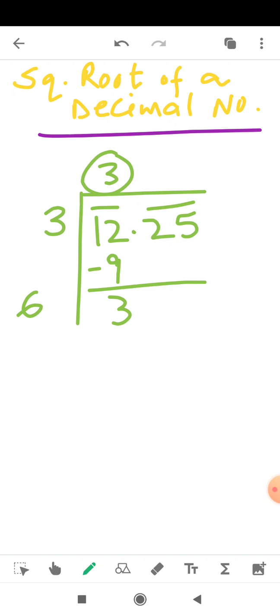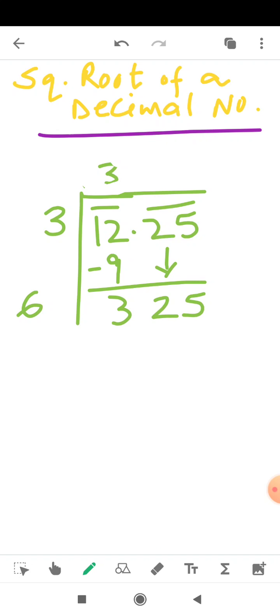Here you have to note that when you are finding the square root of a decimal number, you have to take care about when to put the decimal in the quotient. That is done when you bring down the pair which comes after the decimal.